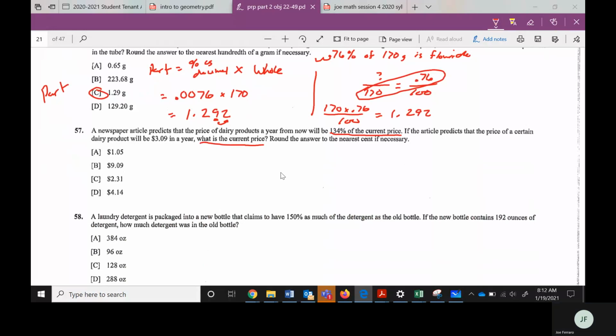So if we wrote this as a short sentence, it would say 3.09 is 134% of what? Okay, so that means we're looking for the whole. And there's a problem on the first page that you can look at to help you figure that one out. But I thought I'd give you a hint there on how, again, to read the problem and figure out what we're looking for.